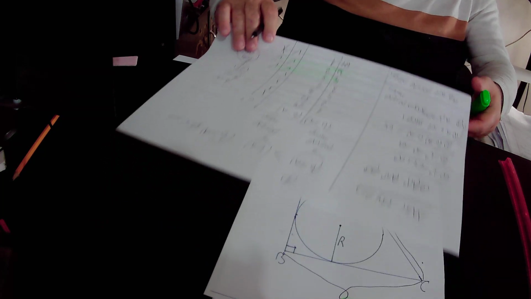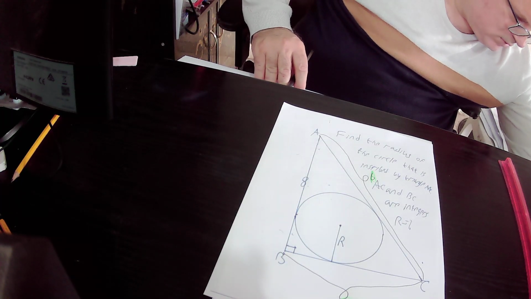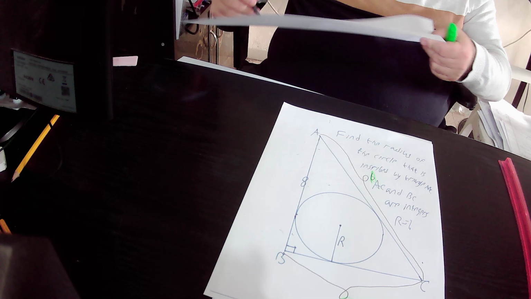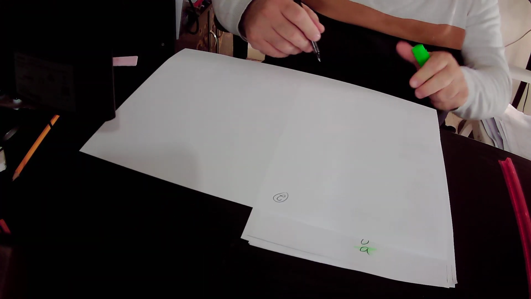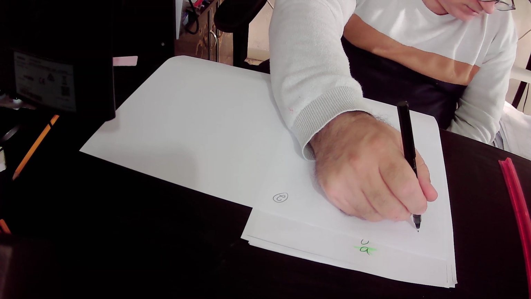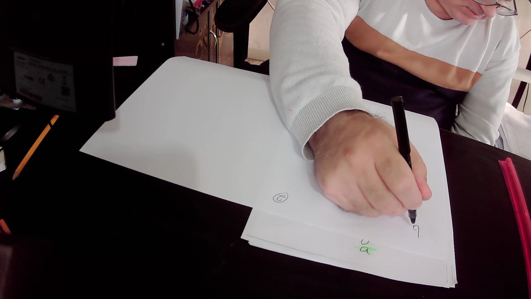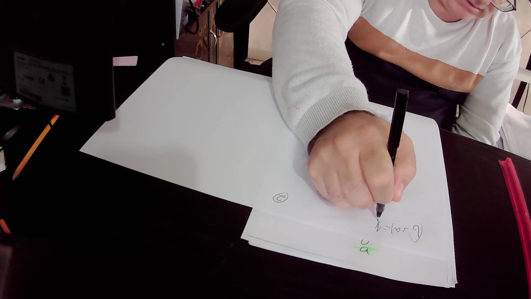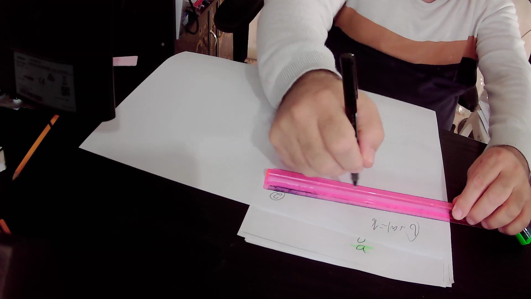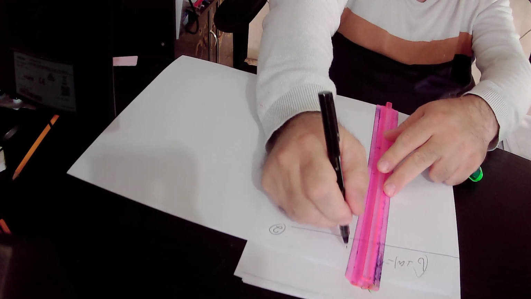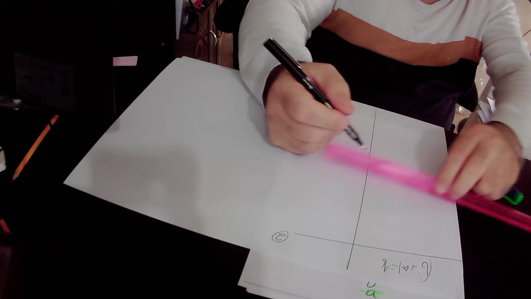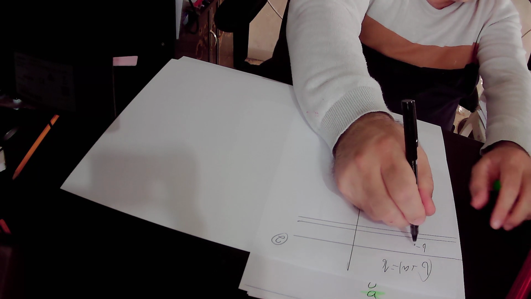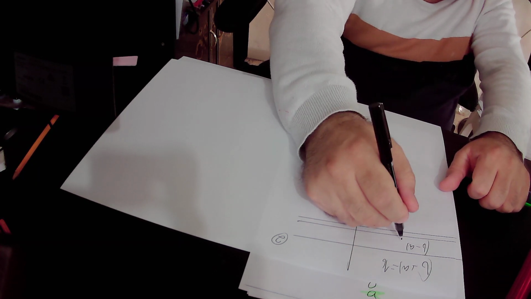So write them down. According to the first option, b plus a equals 16, while b minus a equals 4.